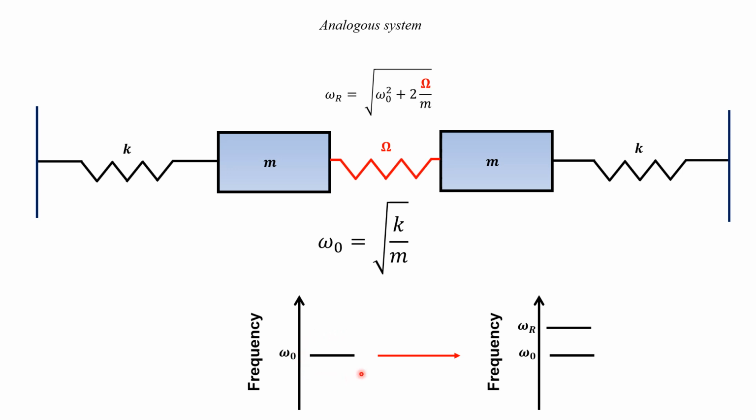Before coupling, the two modes of oscillation had the same resonance frequency. The two lines were overlapping. Now the lines are no longer overlapping. One mode of oscillation has a higher resonance frequency. The mode of oscillation that has the same resonance frequency is the mode when the two masses oscillate in such a way that the coupling spring is at rest.